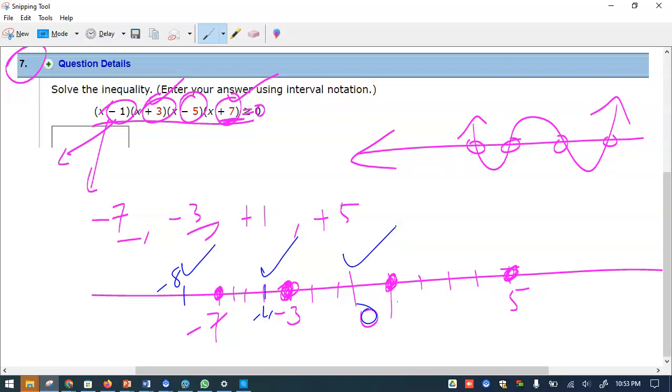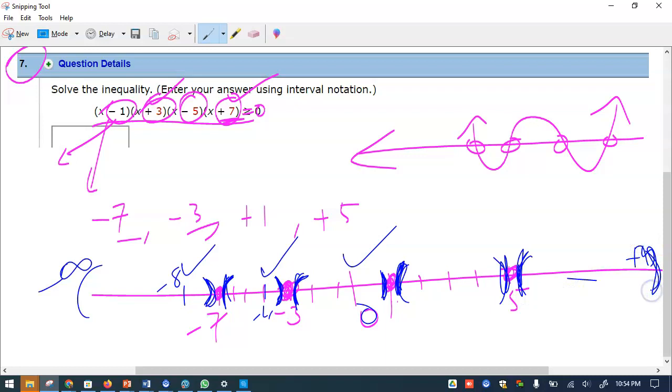So you have from minus infinity all the way to minus 7, then from minus 7 to minus 3, from minus 3 all the way to 0, from 0 all the way to 5, and then 5 all the way to plus infinity. That's how you try to pick.